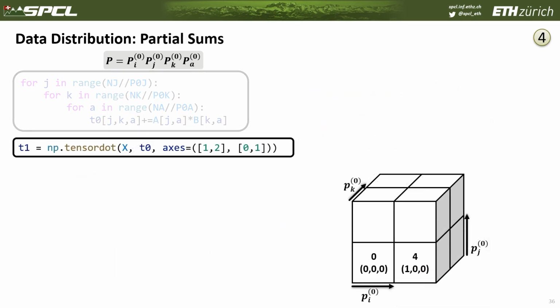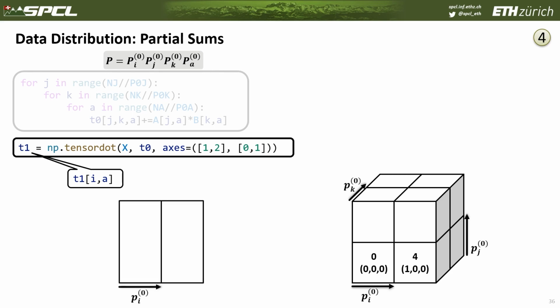What about the output? Let's continue with our example. We have the output T1 that is 2D, a matrix that depends on I and A. Because A again has size of 1, we have 2 blocks, and again each block can belong to a number of different ranks. So here again, the block has to belong to all of those ranks.